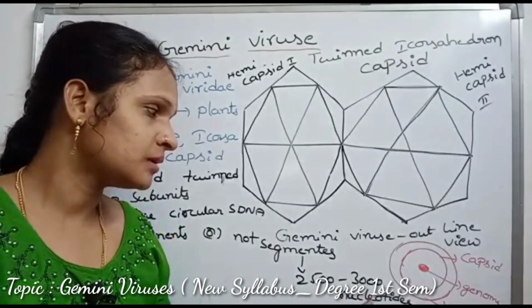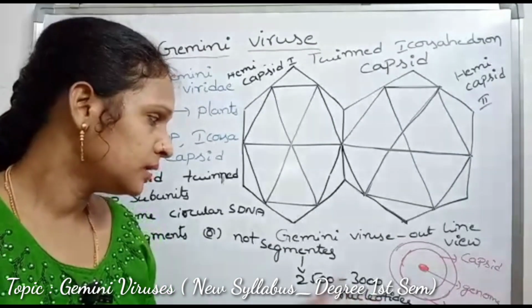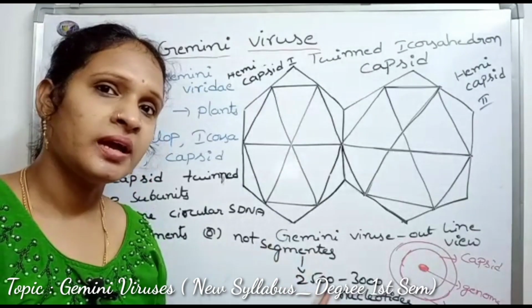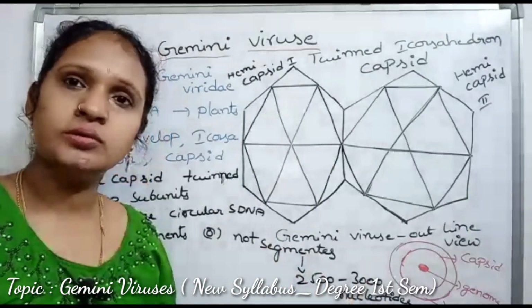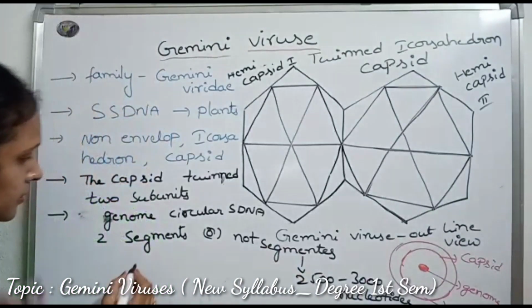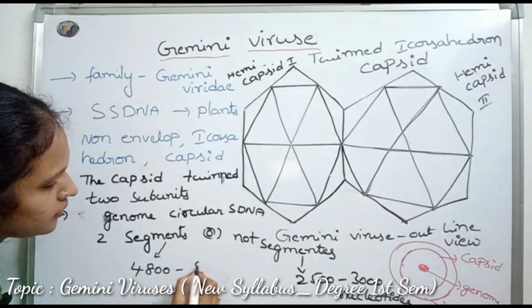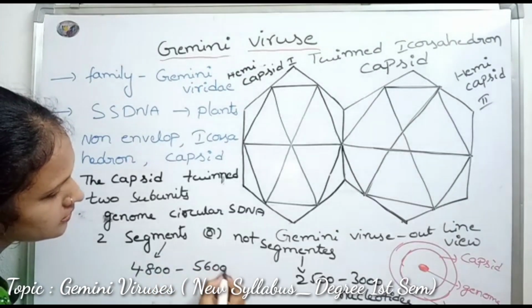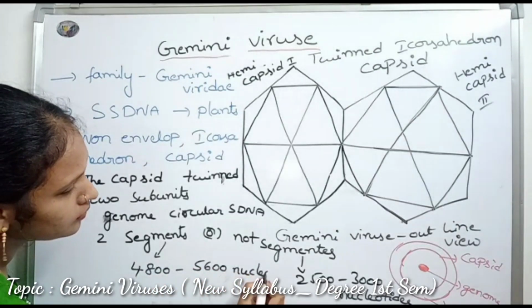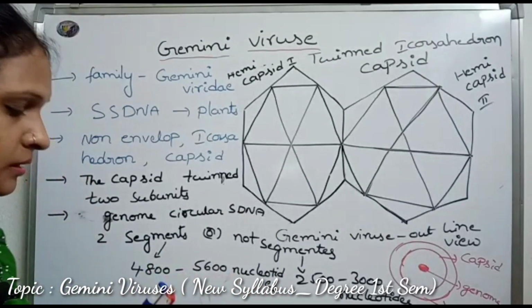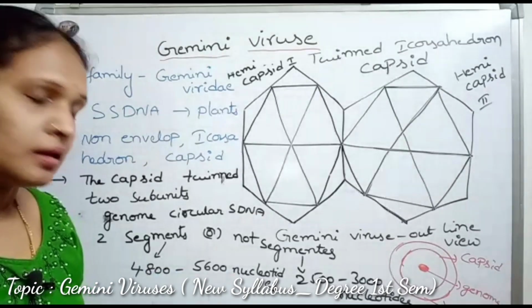That structure is called the nucleotide. Segmented fragments consist of 4,800 to 5,600 nucleotides long.